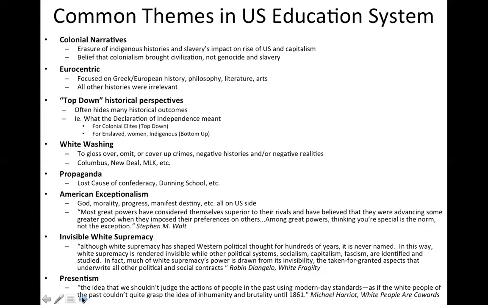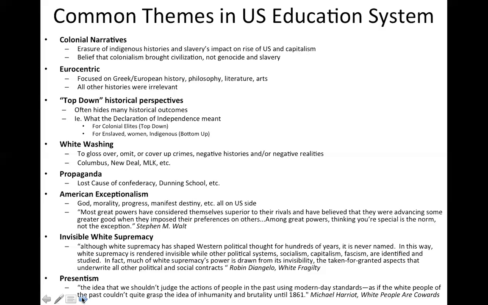It's about looking at every perspective and creating our own viewpoint from multiple perspectives. I mean, there are important things that come out of the colonial elite perspective, but if you're not teaching that along with the indigenous perspective and an enslaved perspective, it just becomes this form of propaganda.